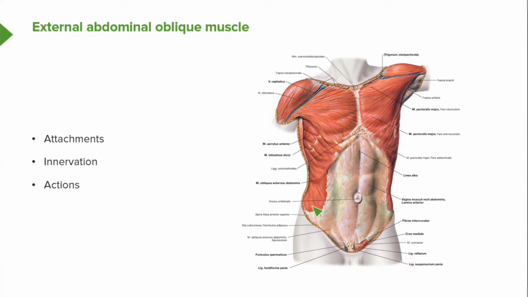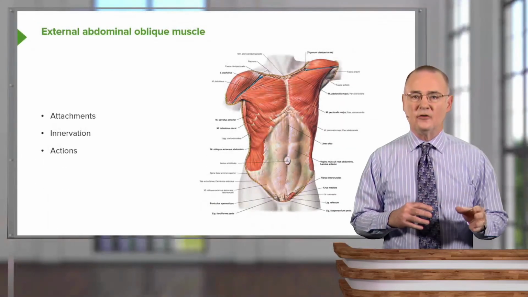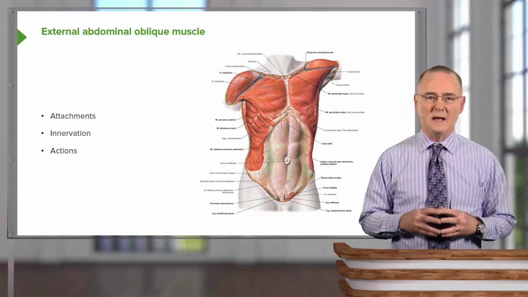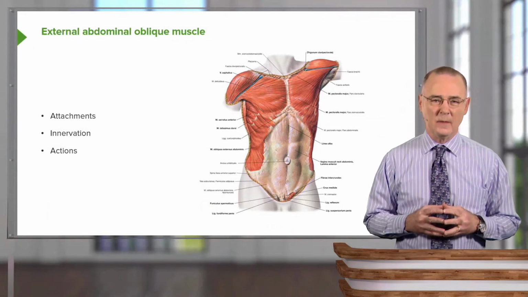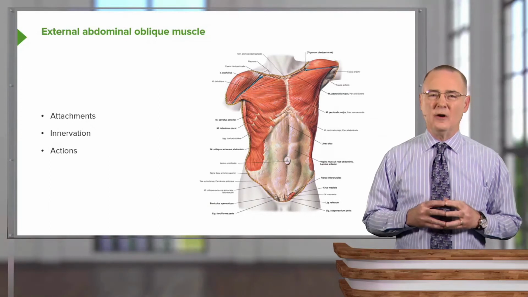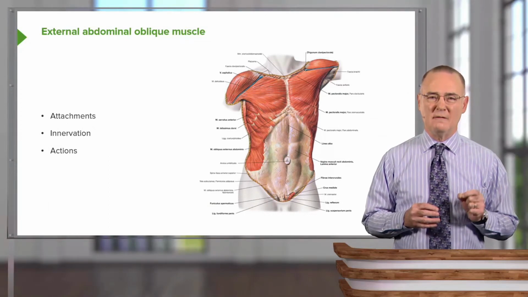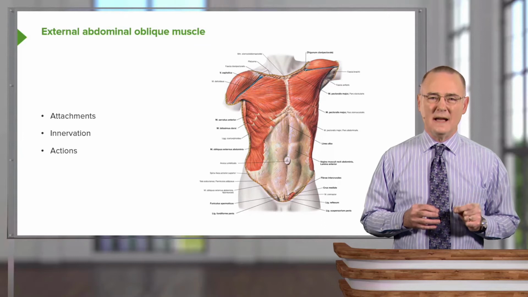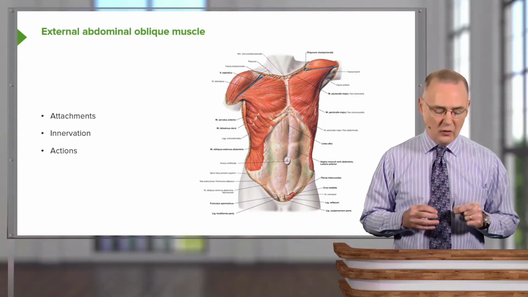And then the insertion will be to the aponeurosis, ending in the midline here, the linea alba, and also to the iliac crest. The innervation of the external abdominal oblique will be from anterior rami of the inferior 6 thoracic spinal nerves. So we're looking at anterior rami from T7 all the way down through T12.